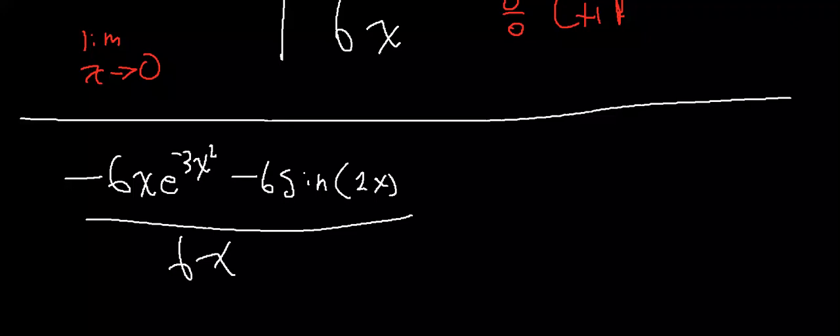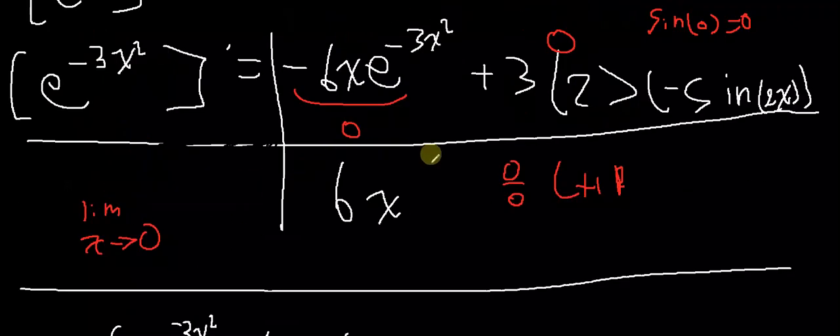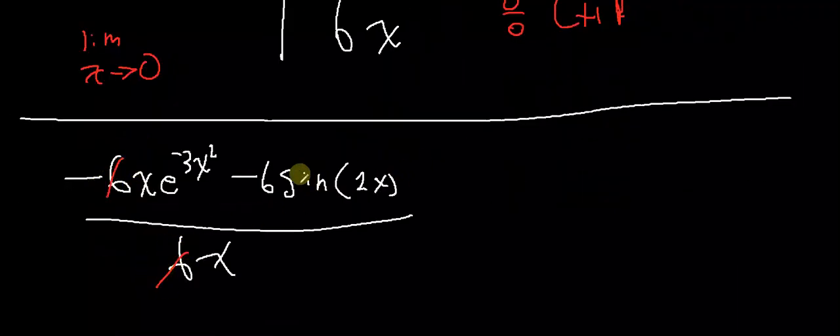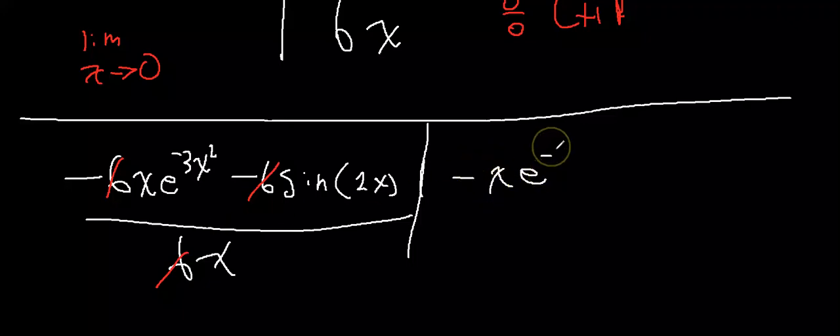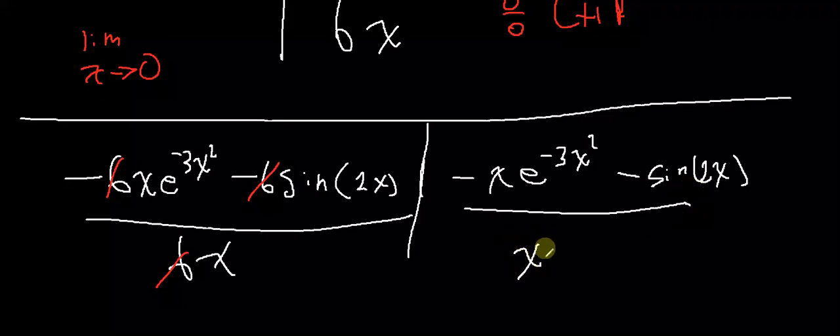To make my job easier, I'm going to cancel the 6s out. So then you can write minus x e to the minus 3x squared minus sine of 2x, over x.